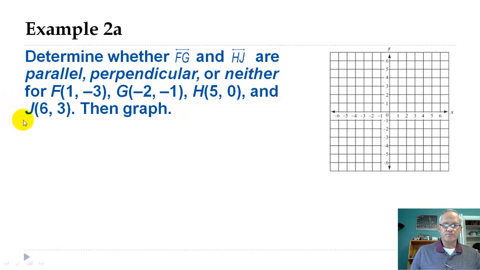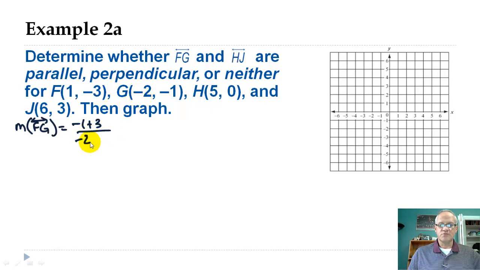All right, so let's start with the slope of FG. The slope of line FG, so we're going to use these 2 points, F and G. I'm going to go with -1, second y, minus the first y. So in other words, +3. And then over the second x, -2, minus 1.